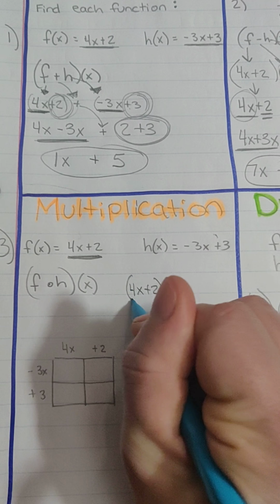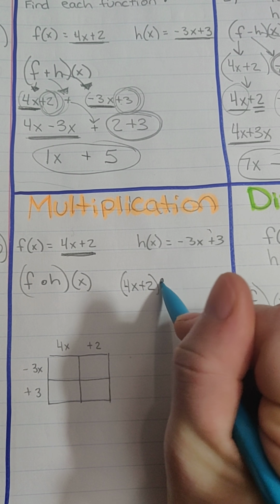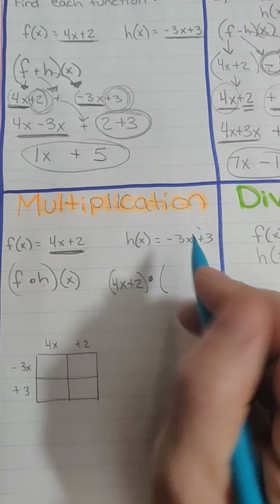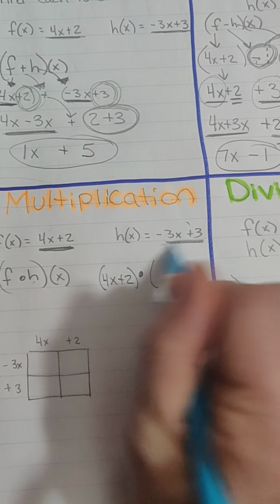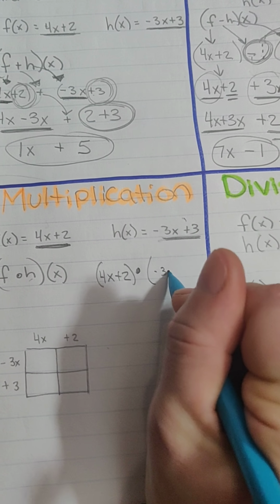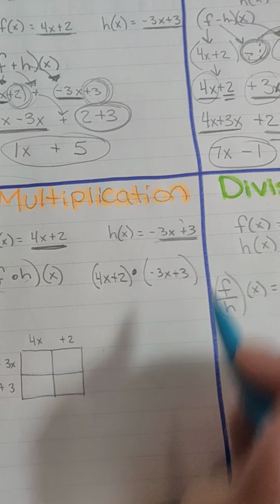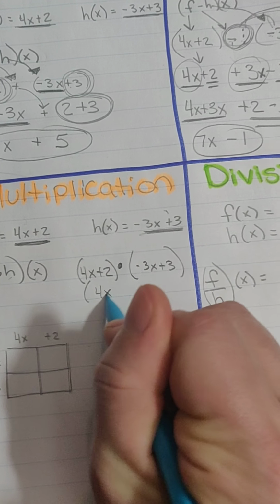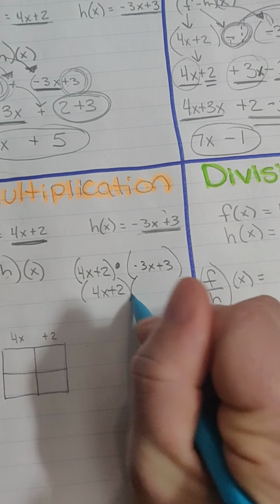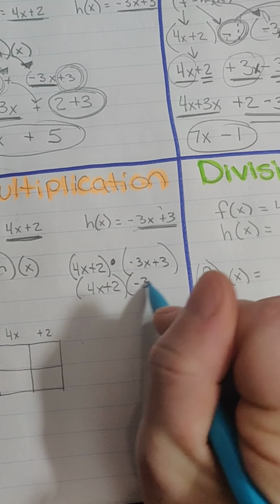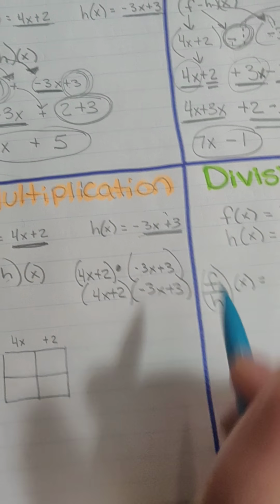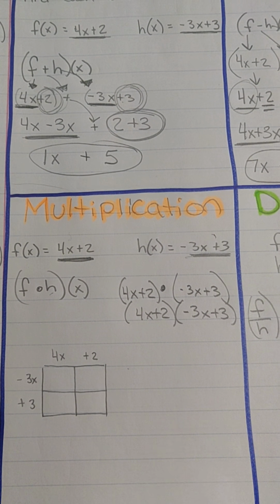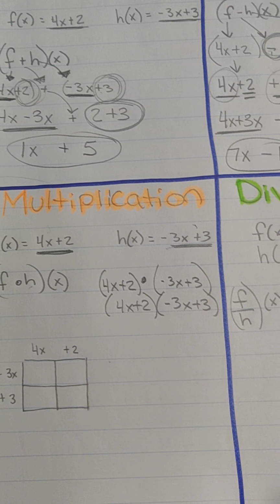I'm going to put it in parentheses, and I'm going to multiply it by my value of h, which is a negative 3x plus 3. And you could either leave it like that or just leave it as 4x plus 2 in parentheses and negative 3x plus 3 in parentheses. Do I have to write out all those steps? Absolutely not. I just do it so that way you can actually see where my work is coming from and what it means.